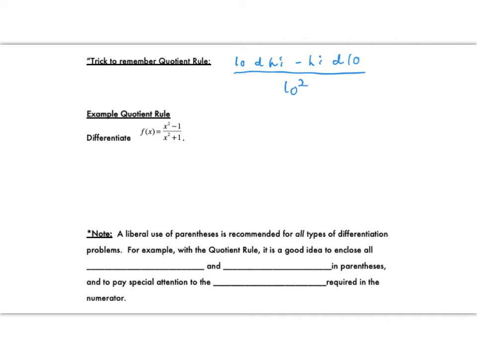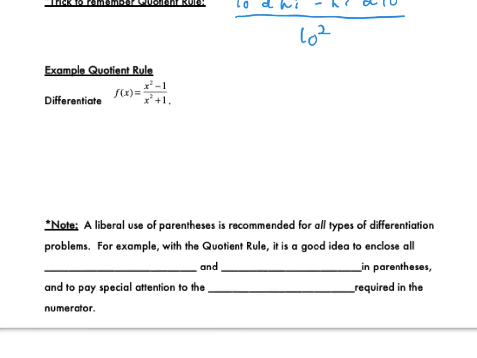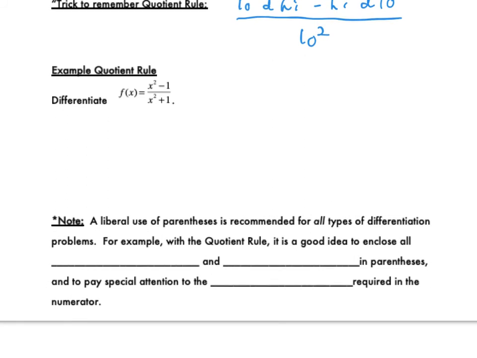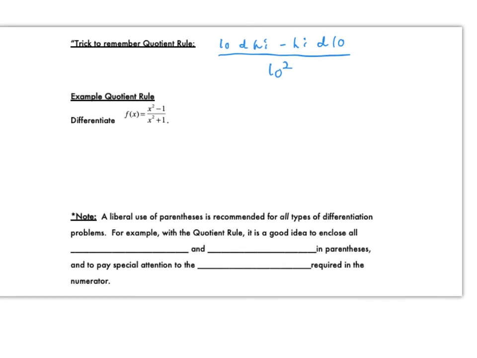Okay, so let's kind of sing along with Cab Calloway as we do this quotient rule problem example here, and we differentiate x to the third minus 1 all over x squared plus 1. Okay, so let's wander through the formula here and see what comes out of this, because you just never know.